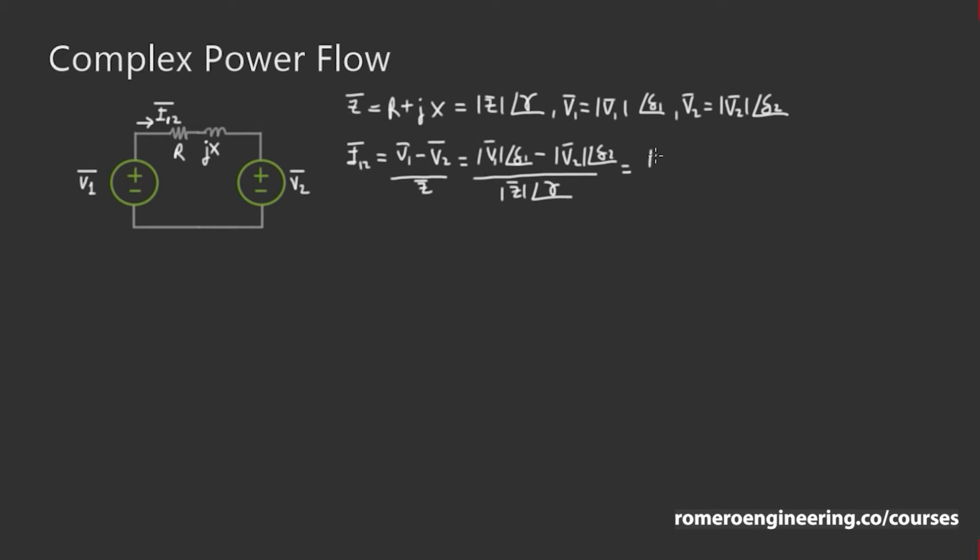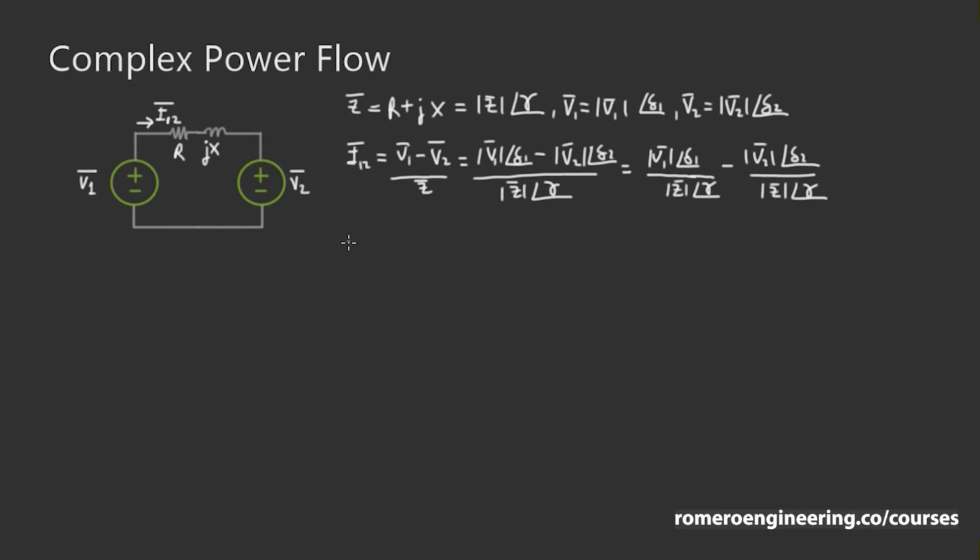I get that this is going to be equal to V1 at delta 1 over Z at an angle of gamma, and then minus V2 at delta 2 over Z at an angle of gamma.